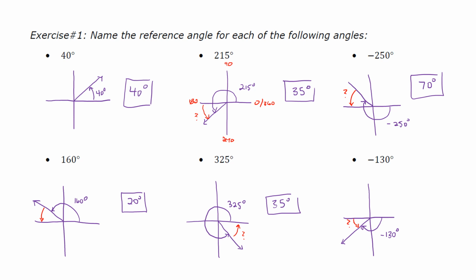If we have this reference angle, we would have a complete 180 degrees. So I'm going to subtract 130 from 180, and I would get 50 degrees. Okay, and so that would be my reference angle.